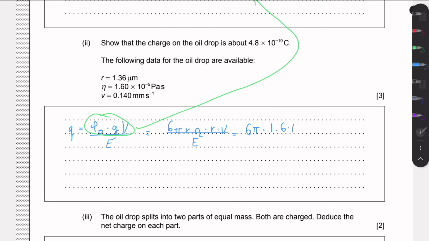So 1.6 times 10 to the minus 5 times 1.36 minus 6, 1.4 times 10 to the minus 4. And it's all divided by 1.2 times 10 to the 5.